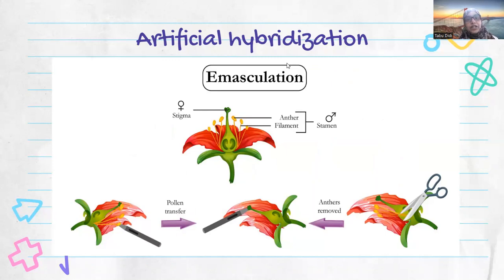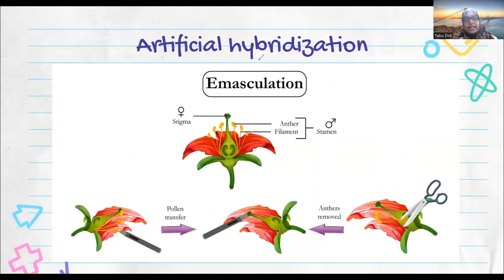So another way we can bring about variety in plant species, we can create multiple species of plants, different hybrid varieties of plant, through artificial hybridization. Now when we talk about hybrid varieties, hybrid means, let's say you have plant 1 and you have plant 2. Plant 1, you are interested in good fruit quality.